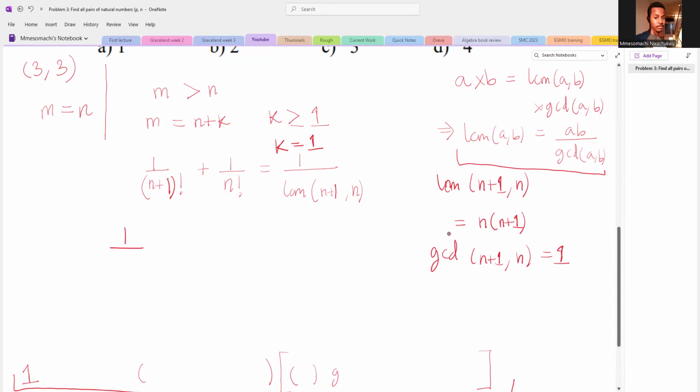So we have 1 over n plus 1 factorial plus 1 over n factorial is equal to 1 over n into n plus 1. Okay, so we can multiply through by n plus 1 factorial.